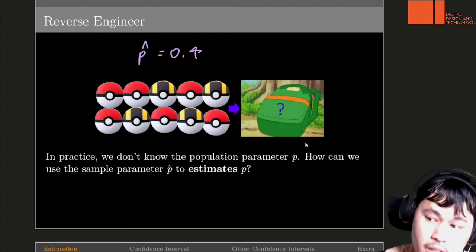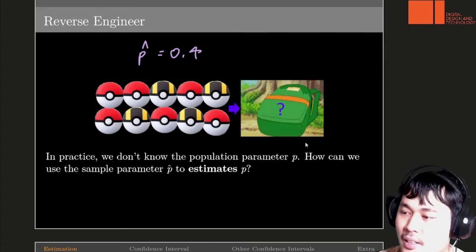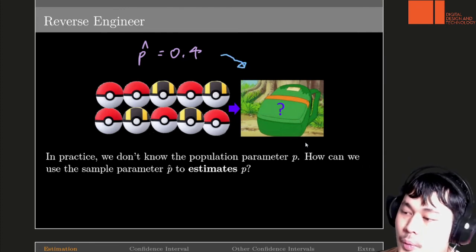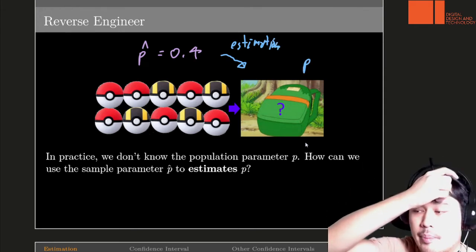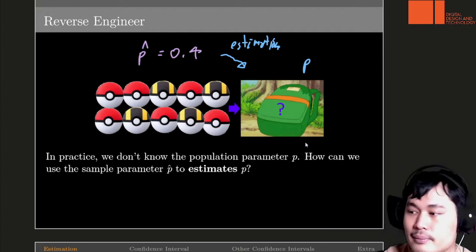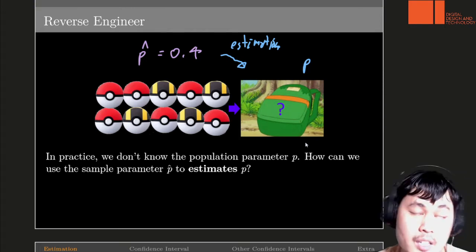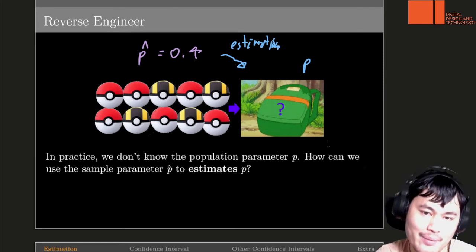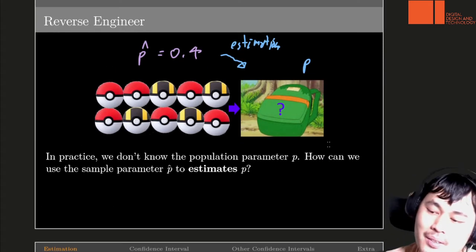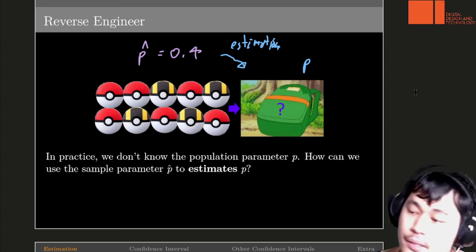The question, or the objective here, is: can we use that 0.4 number to make some meaningful estimation of what the actual parameter P is? Because looking from the perspective of your friend, they don't see how many balls are in the bag. They just see a bag with lots of balls. Based on this one sample, can they make some nice estimation?